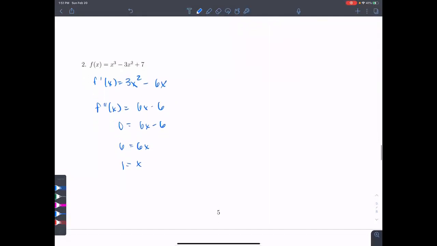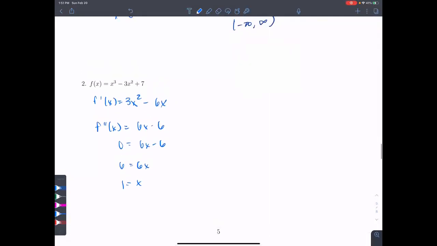Okay, so x equals 1. And so we're going to put that on an f double prime number line and then plug stuff in. So say 0 and 2. So f double prime of 0 would be 6 times 0 minus 6. That's -6, which is negative. f double prime of 2 would be 6 times 2 minus 6, which would be 6, which is positive.